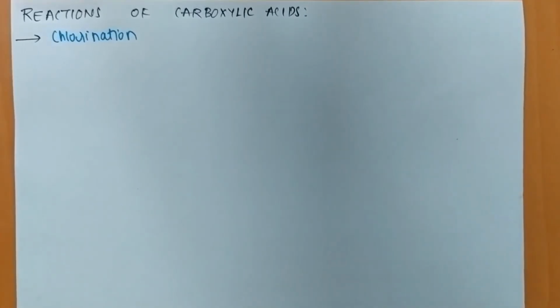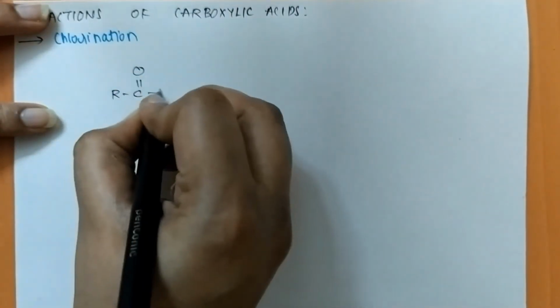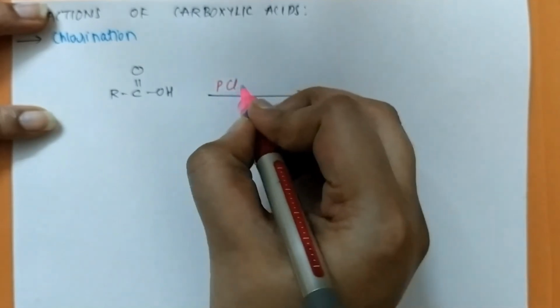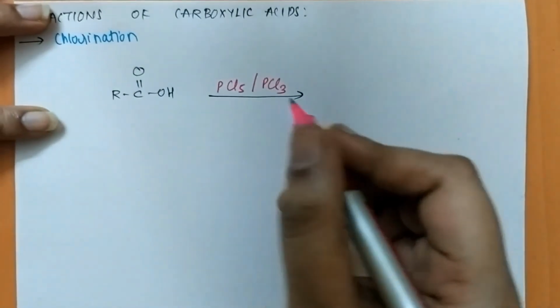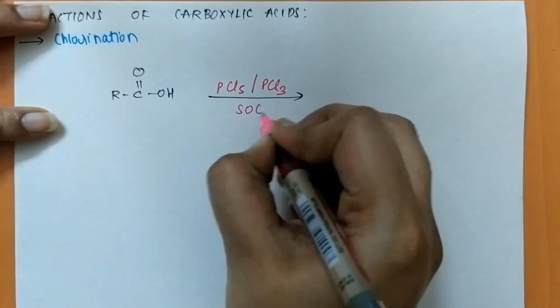Now next, let us go to the reactions of the carboxylic acids. So carboxylic acids can easily undergo chlorination reactions. So if we consider a carboxylic acid, it can undergo chlorination in the presence of PCl5 or PCl3 or SOCl2.